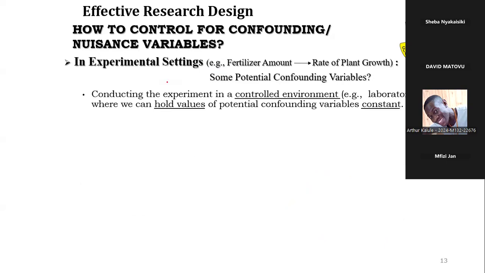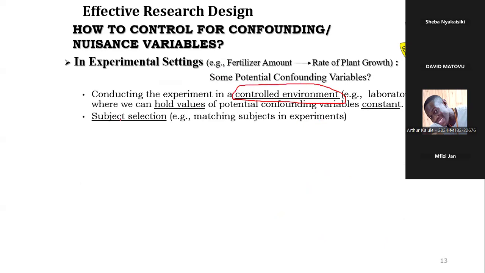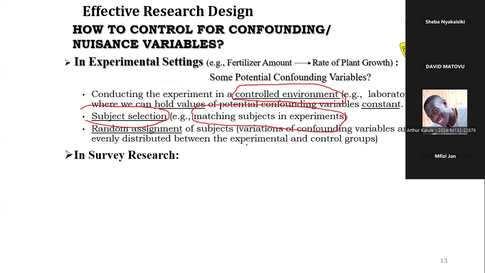variables? One, conduct experiments in a controlled environment, laboratory studies. That is one of them. Subject selection: you're selecting subjects that match in an experiment. Remember the earlier comments I gave on selecting a homogeneous set of participants? That is another one. Random assignment of subjects can also control this.